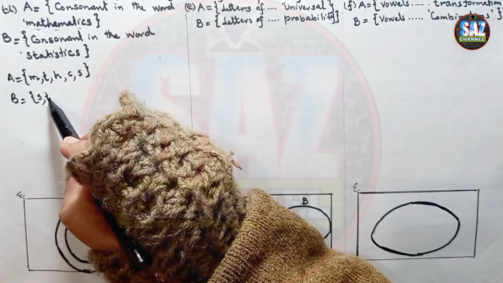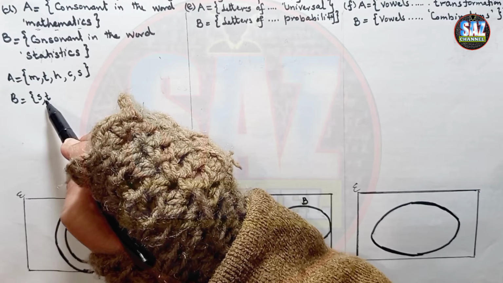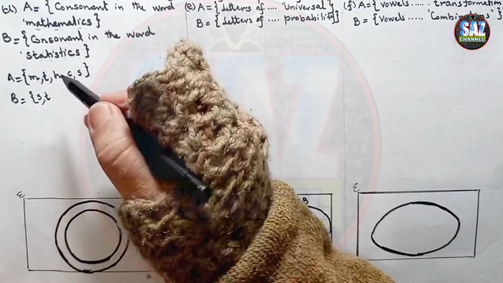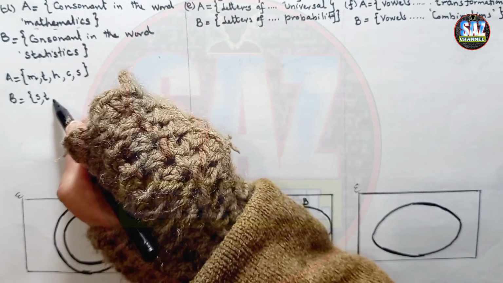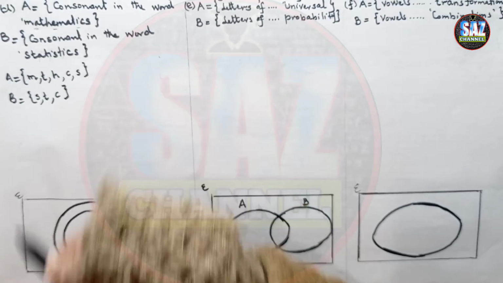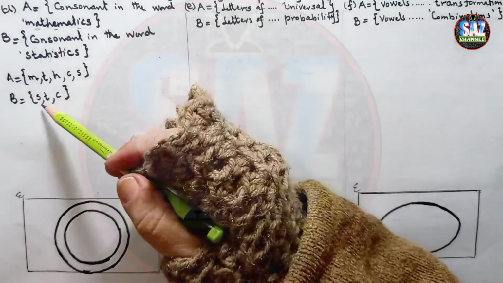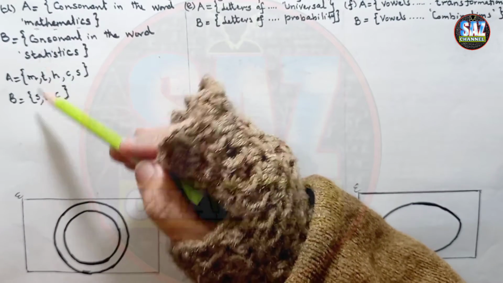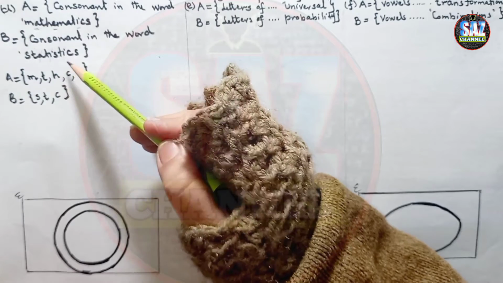Then T I have already written, I is a vowel. S is already written, T is already written. And then I is already written, and C. So the consonants from statistics are S, T and C.